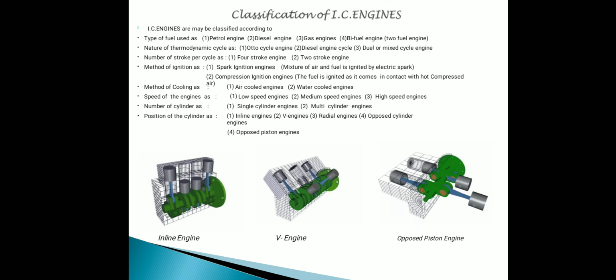In the inline engine, the piston movement takes place and all the shafts are connected in line, and in the V engine the piston movement as well as the shaft connection are in a V shape. In the opposed engine, piston movement takes place on opposite sides and in the middle shaft rotation takes place.